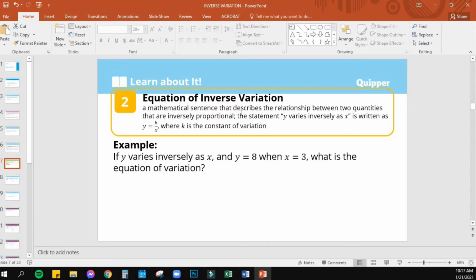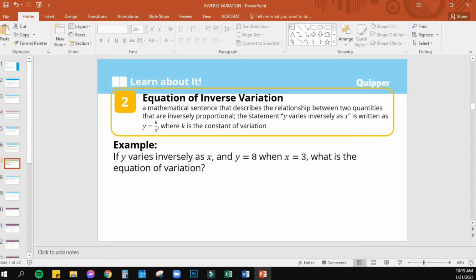Now let's move on to the equation of an inverse variation. Will you please read the statement about the equation of the inverse variation? Ayan. So same idea in finding the equation of the direct. In inverse variation, there are also statements that we can check if the given variation is a direct or an inverse.